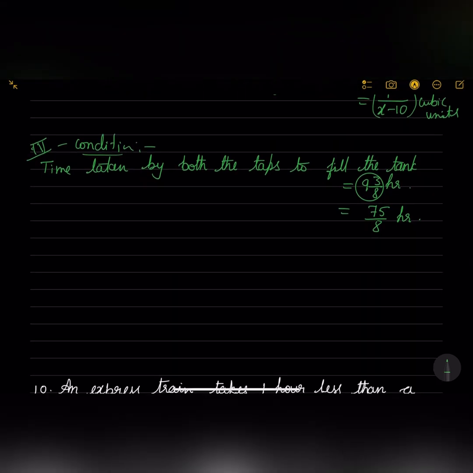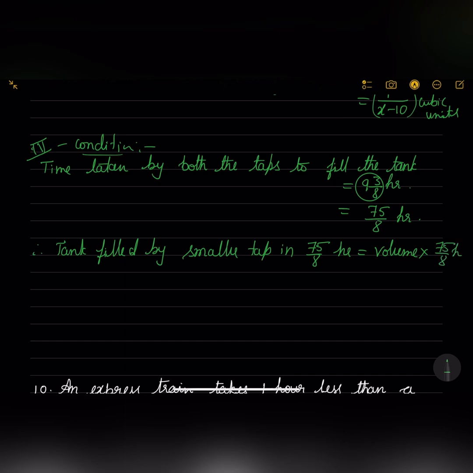Therefore, the tank filled by the smaller tap in 75 by 8 hours is equal to volume into 75 by 8 hours. The volume is 1 by x into 75 by 8, so that will be equal to 75 by 8x.